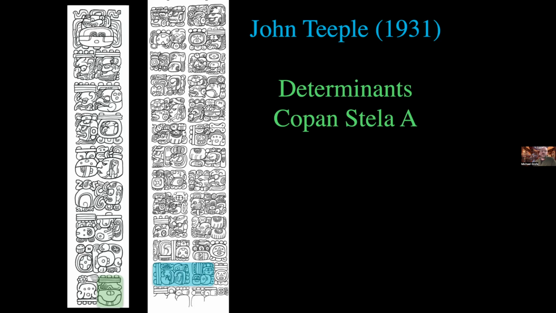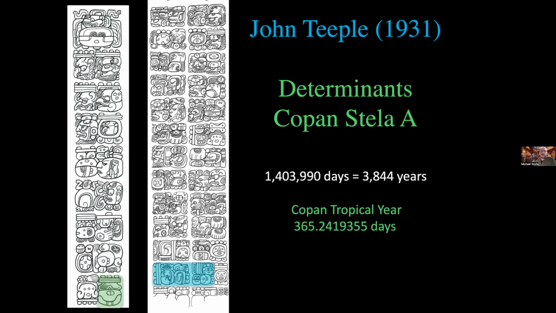And with the historical approach that really began in the mid to latter part of the 20th century, it really started to cast doubt on this idea of determinants, this idea of these dates that had astronomical significance. Nevertheless, I think there's still a lot of value in looking at this, and if any of you were attending the presentation that I had on Yaxchilan, this is something that I've certainly investigated elsewhere with some success.